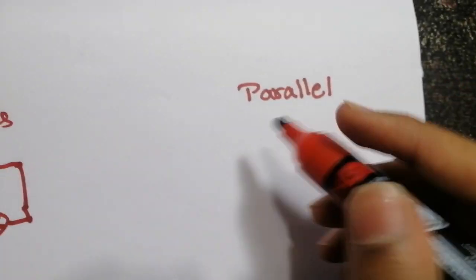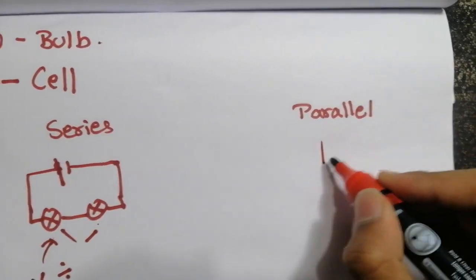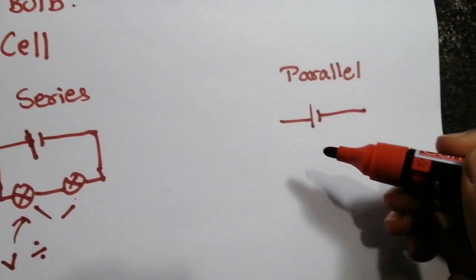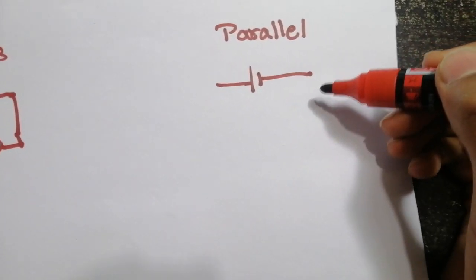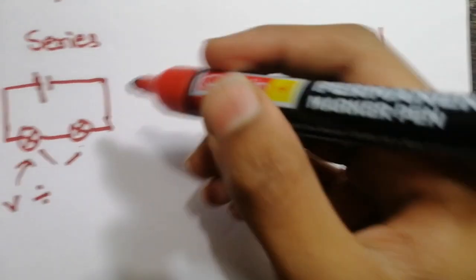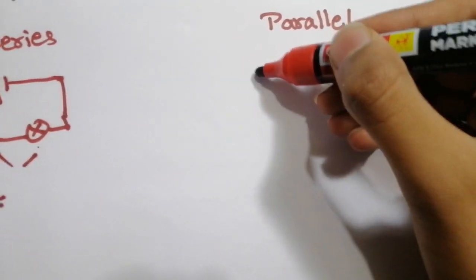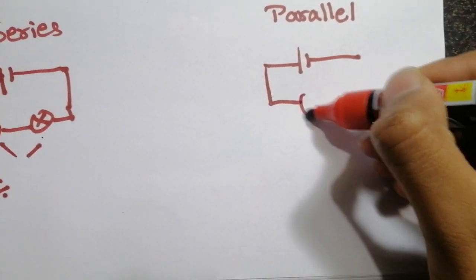Moving on to a parallel circuit, you have the cell here and the components are placed parallel with each other. That means they're not placed in the same branch like in a series circuit. They're placed somewhat like this.